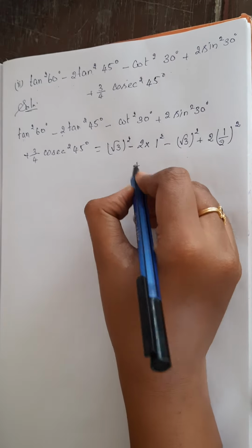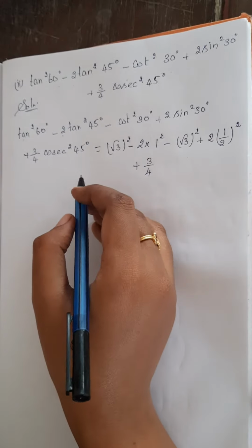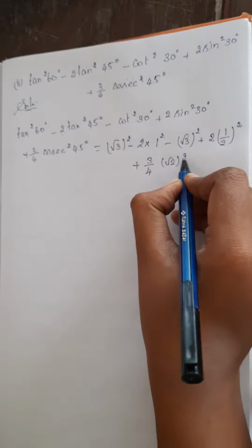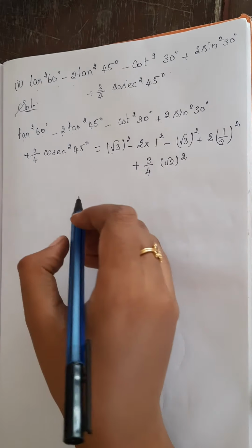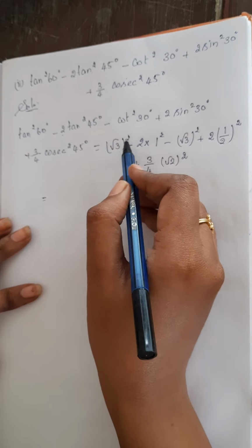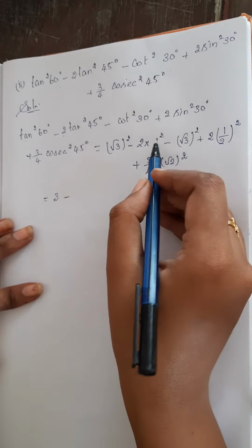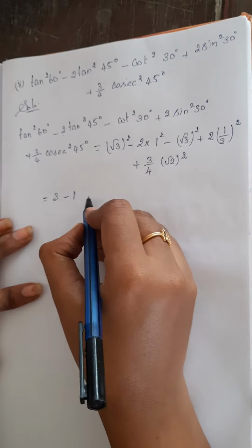Then plus 3 by 4 cosecant 45 degree is root 2 square. Okay, then simplify this. As I told you, the square root and square will be cancelled. Only 3 will remain. Minus 1 square is 1. So 2 into 1 is 1.